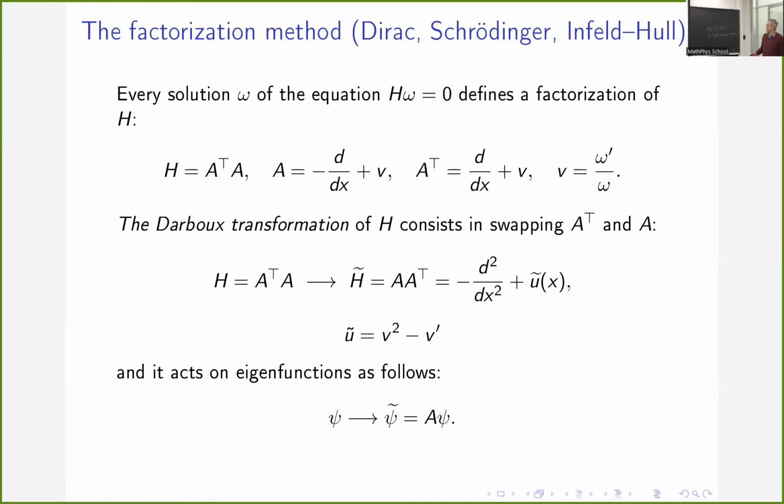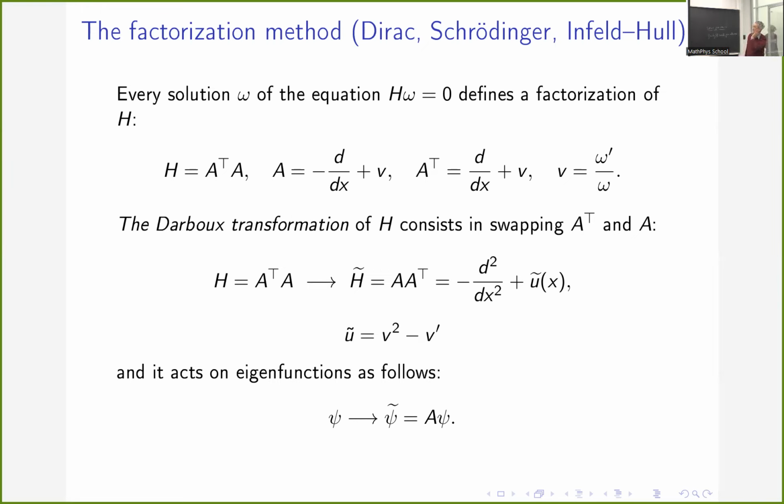Algebraically, it looks like P squared minus U prime. This is U tilde, so we replace the potential U by this potential, P squared minus U prime, where prime is the derivative. This is called the factorization method.